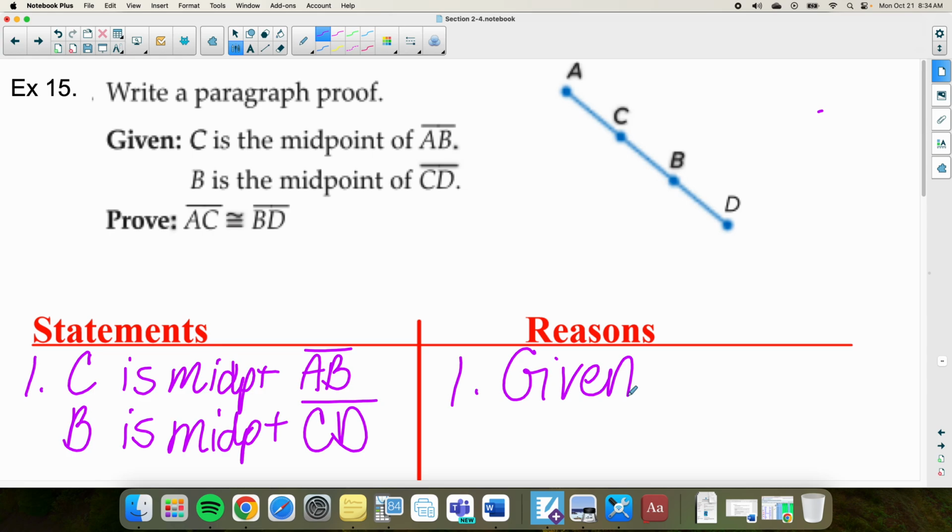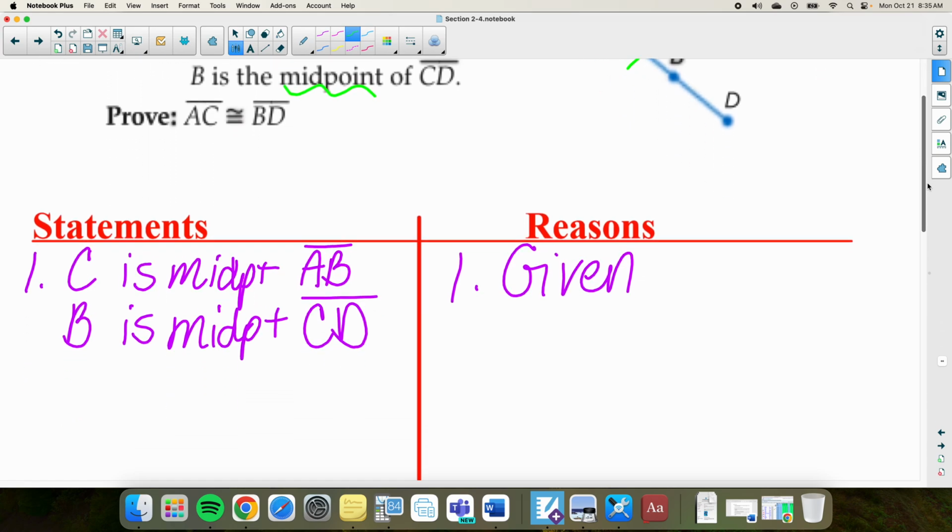Okay? Now, when they tell you you have two separate midpoints, that means you're going to do the midpoint theorem twice. So the first thing they say is C is the midpoint of AB. So that tells us those two pieces are equal.